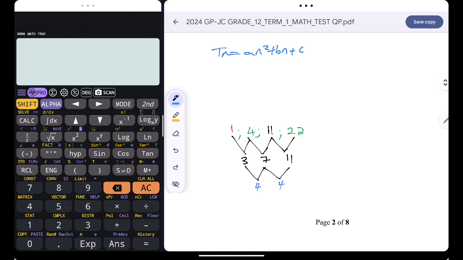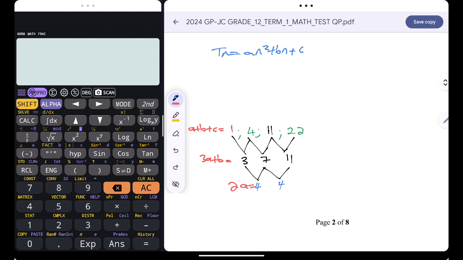I know that 2a is always equal to the second difference, 3a plus b is always equal to the first term of the first difference, and a plus b plus c is always equal to the first term of the sequence.